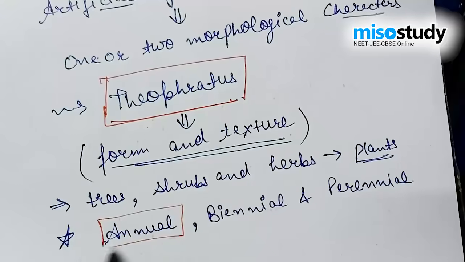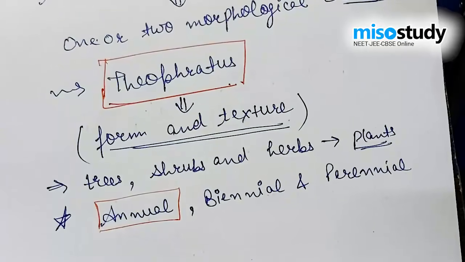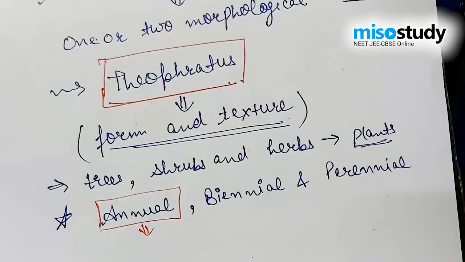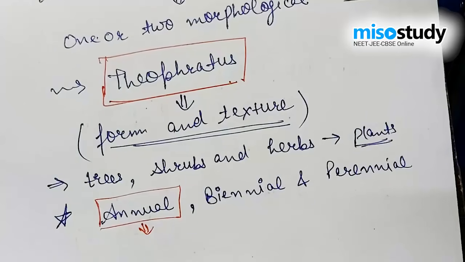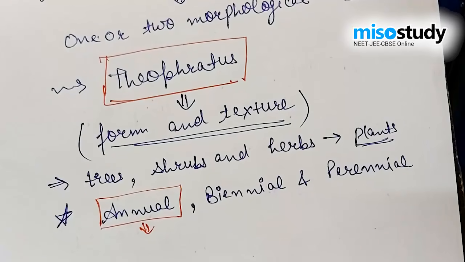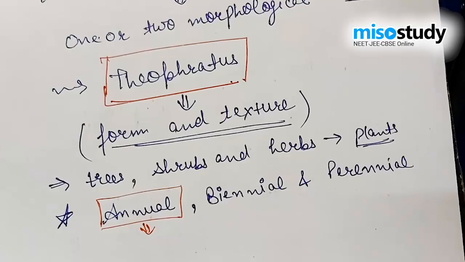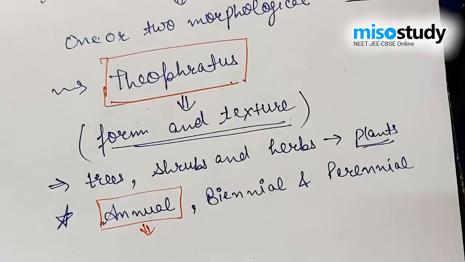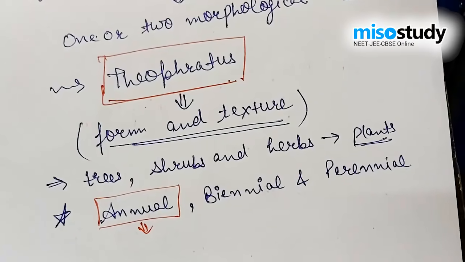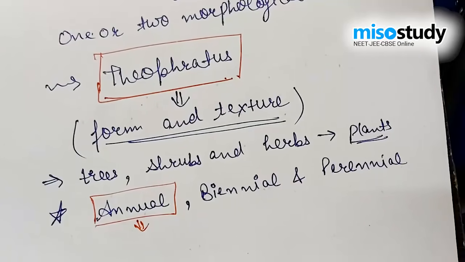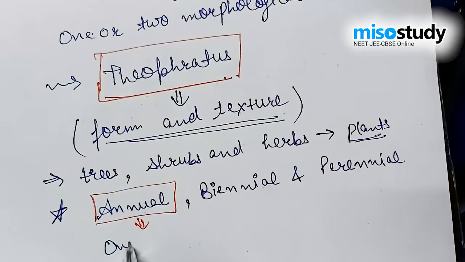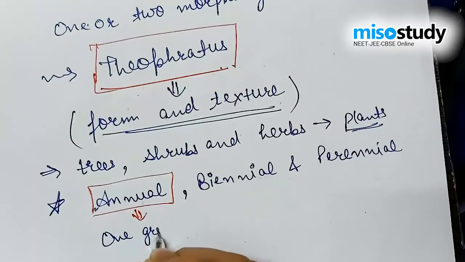Annual plants grow and complete their life in only one season; they reproduce, give seedlings, and after that they die, so it includes only one growing season.